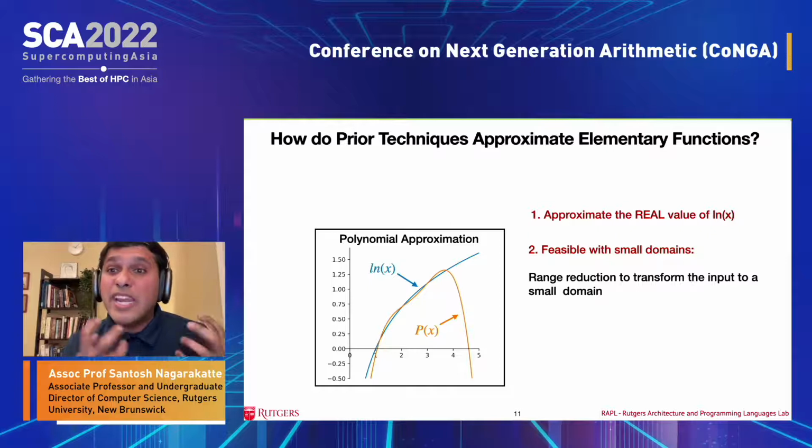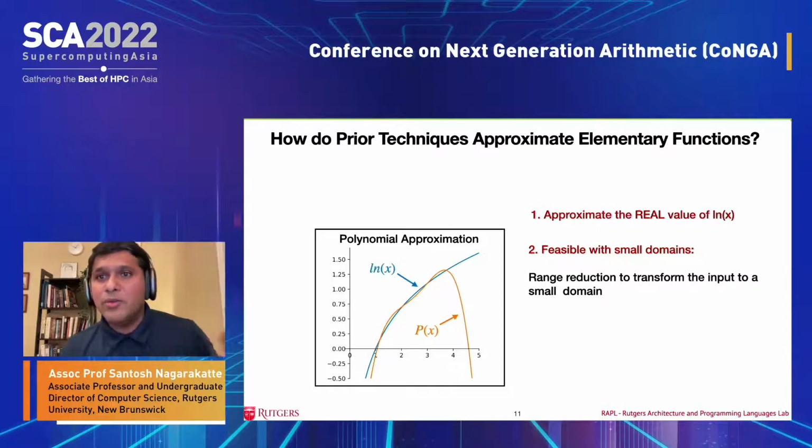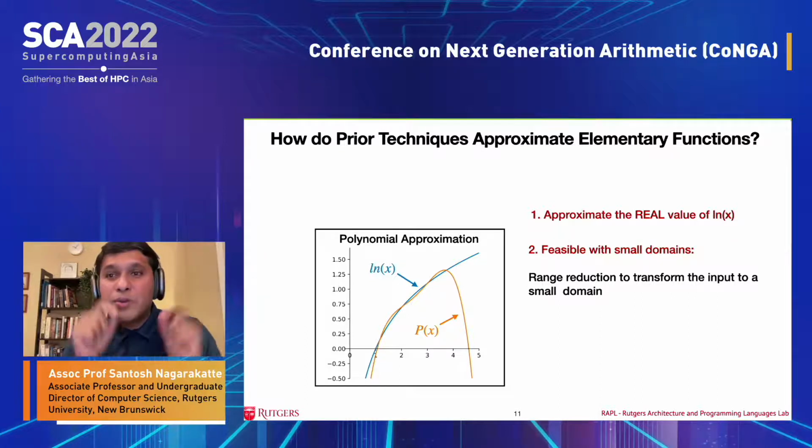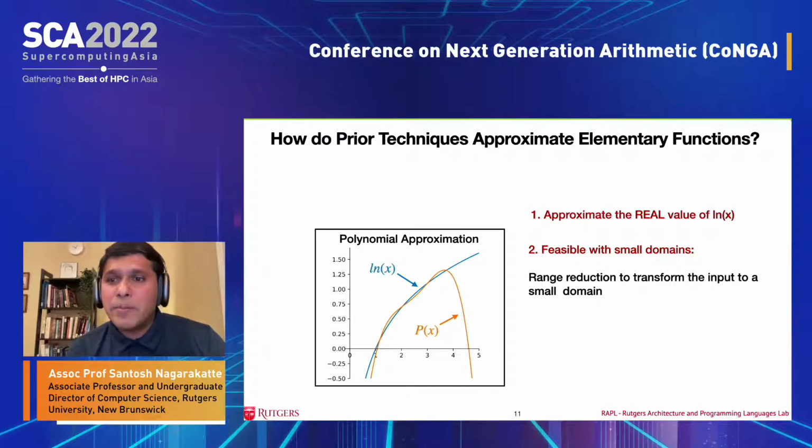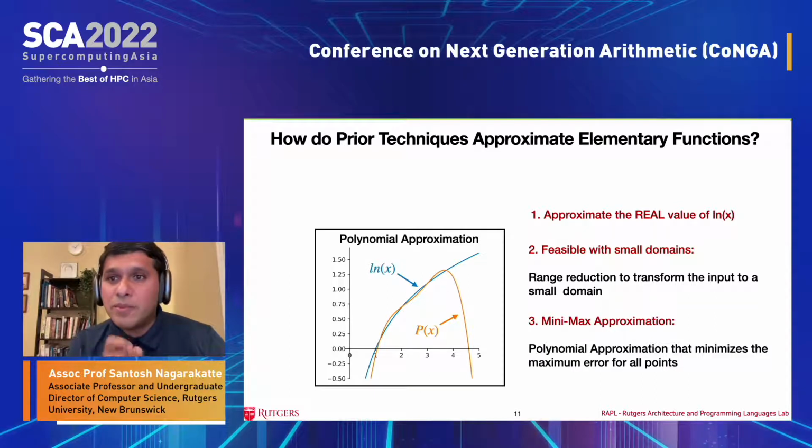So you need to reduce the domain of the function, and this is called range reduction. You have an input over the entire domain, and you reduce it to a small domain. In the case of the log function, you would want to reduce it to 1 to 2, let's say. Then you would invoke results from approximation theory. One classical way to approximate over a small domain is a minimax approximation.